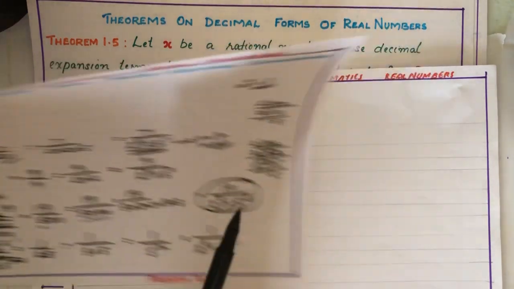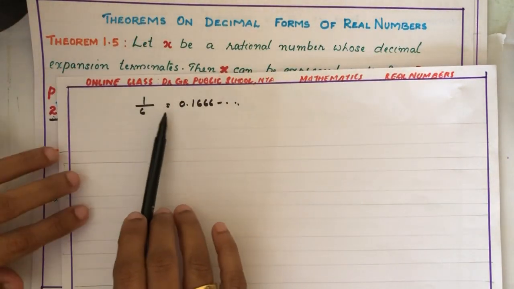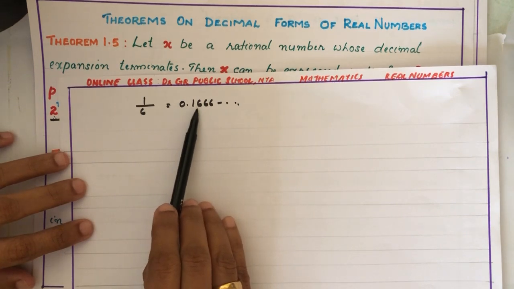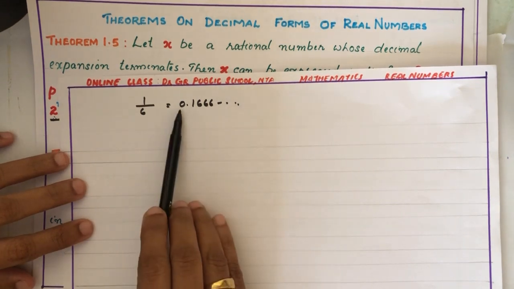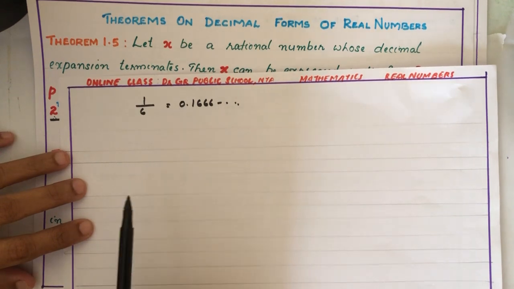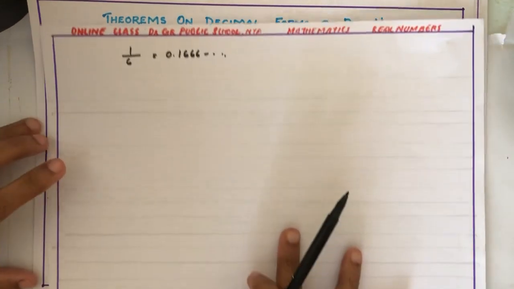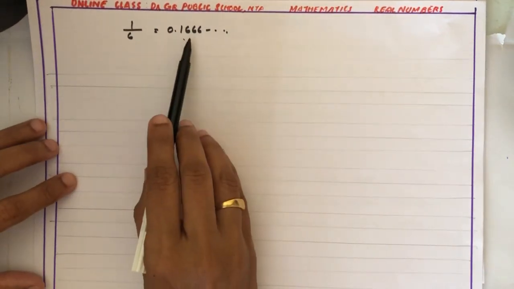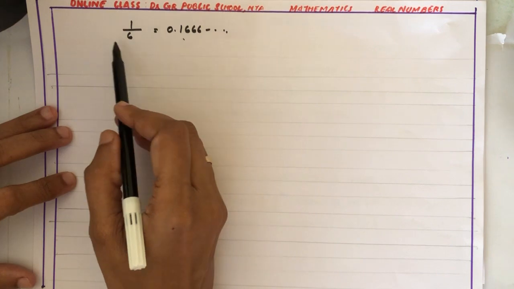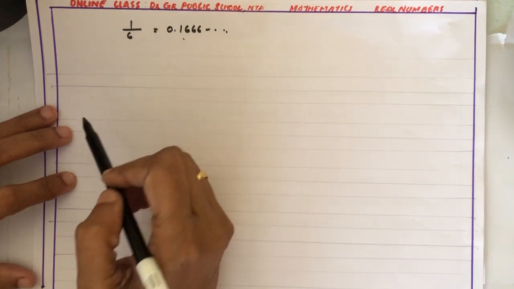So you have studied, if digits are repeating, it is non-terminating recurring decimal form. Now in this case, check the prime factorization of the denominator.